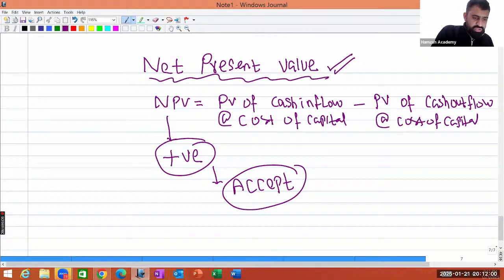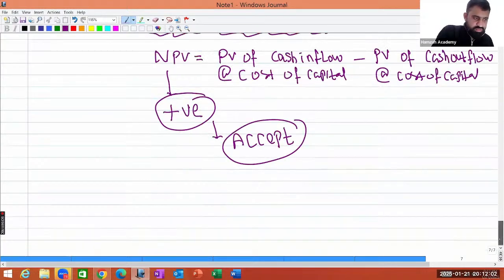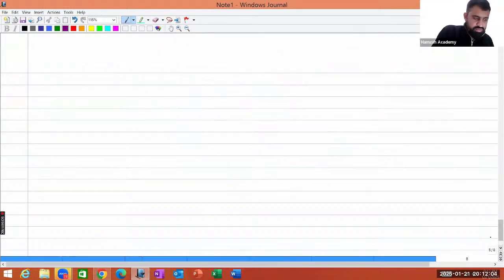Okay, now we will discuss in detail how to calculate the net present value. First of all, net present value is one of the most favorite areas which examiners usually test in Section C of the exam in a constructed response question.